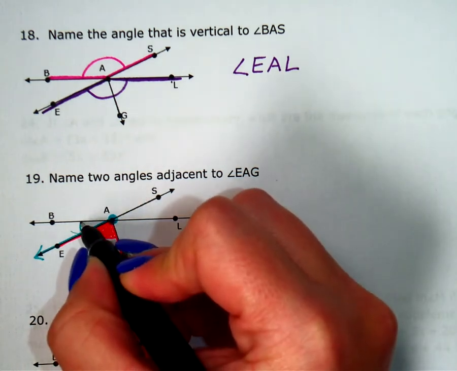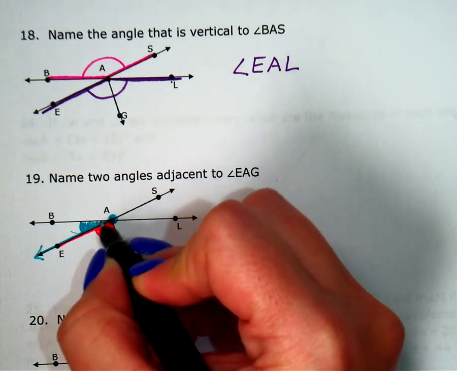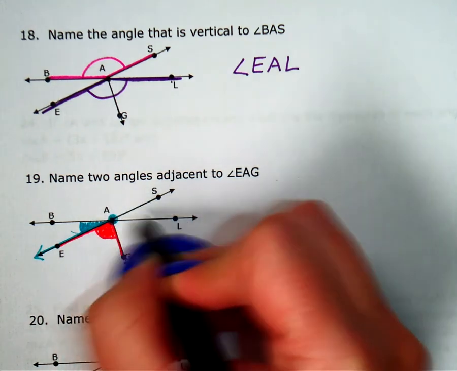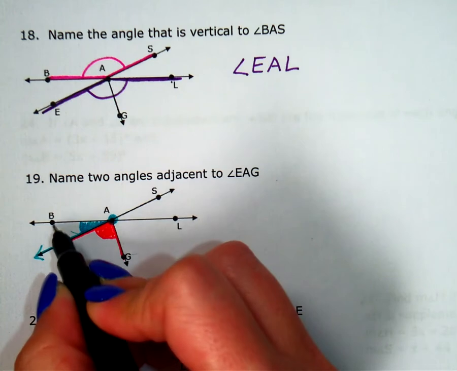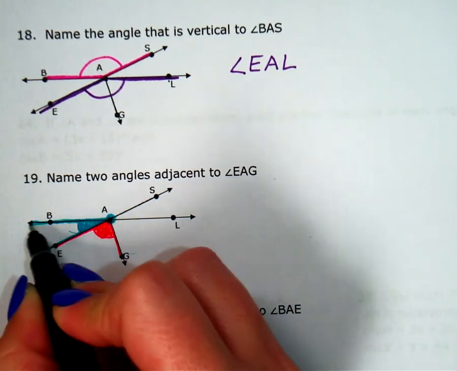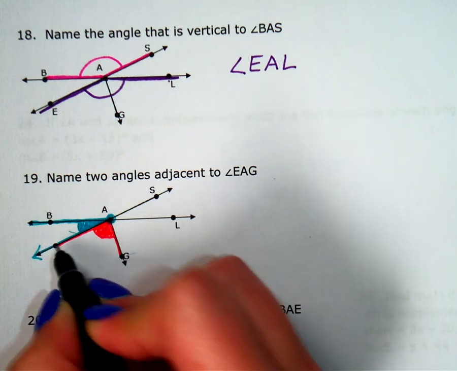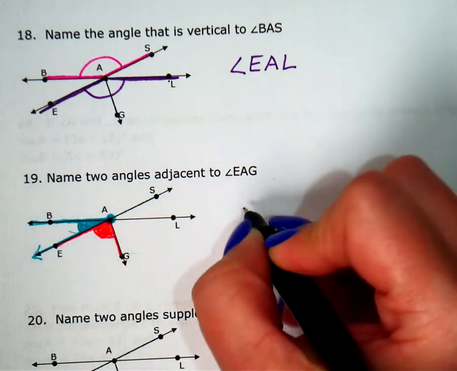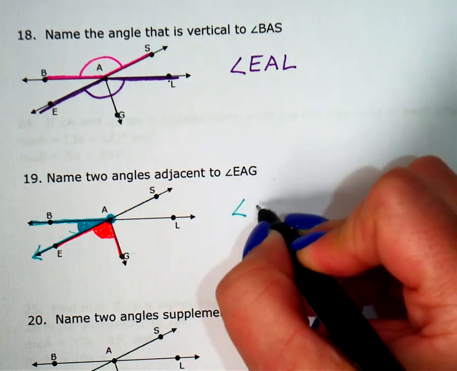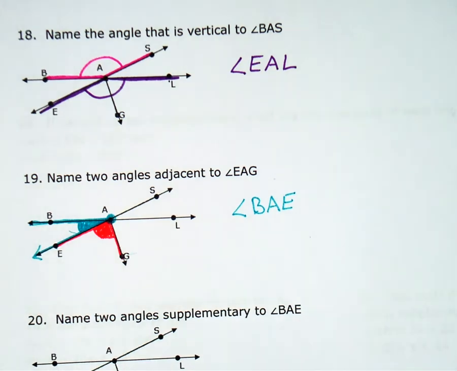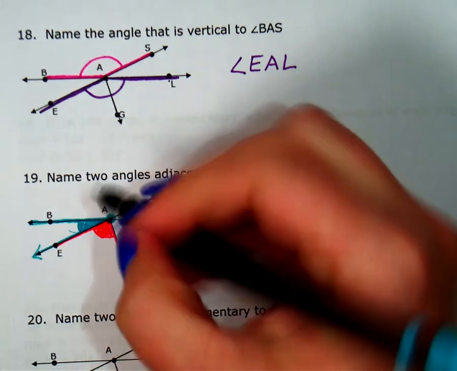So I could look at this angle here, or I could look at that whole straight angle, right? Or even I could keep going and do reflex angles. So I'm just going to do the simple one right next door. Angle BAE, or I could call it EAB, as long as the A is in the center. So angle BAE, but it did ask me for two adjacent angles to that red angle, so I'm just going to find the other one on the other side.